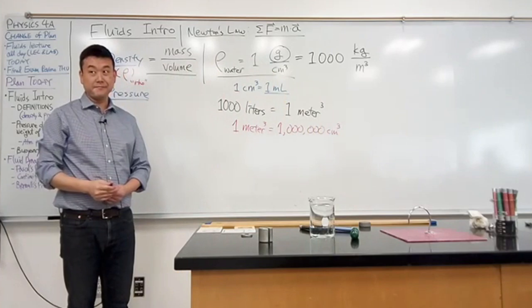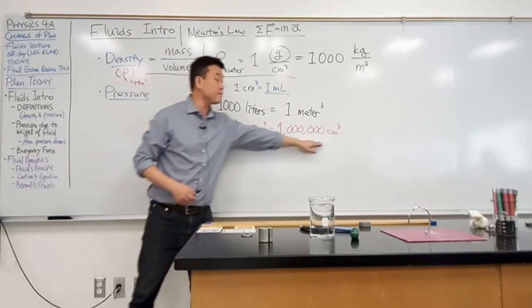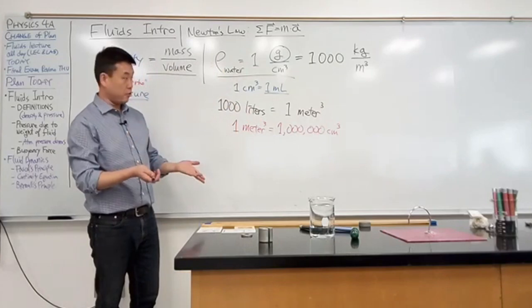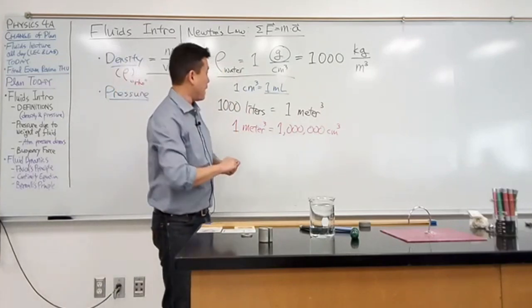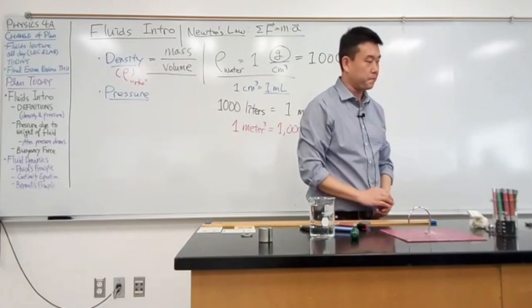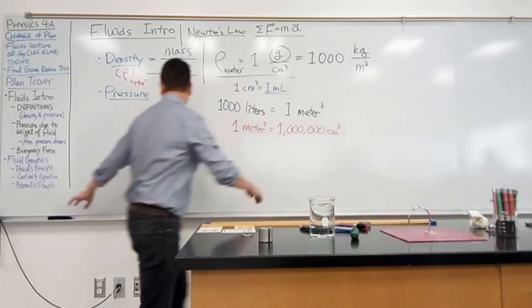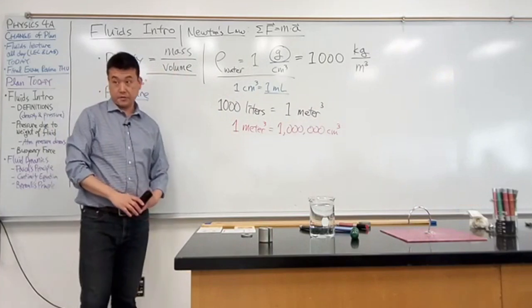Sounds about right? Yeah, and if this doesn't make immediate intuitive sense to you, this is how I would convert units. So I will do this up here too, but this is where you have to be aware of scaling factors.